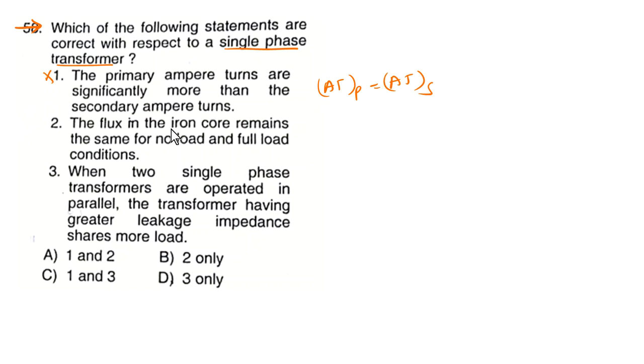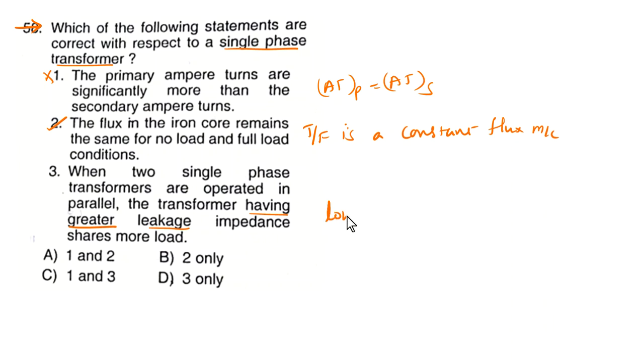The flux in the iron core remains same from no load to full load. Yes, this statement is correct, because, as you have studied, a transformer is a constant flux machine. And when two single phase transformers are operated in parallel, the transformer having a lower leakage impedance will share more load.